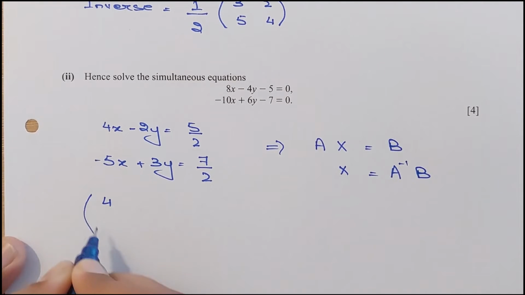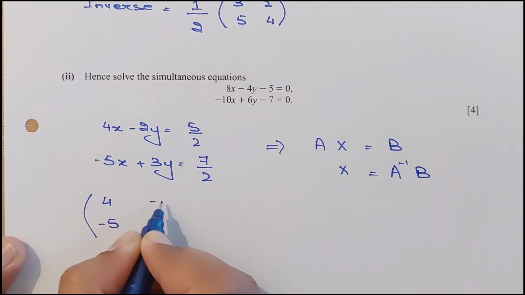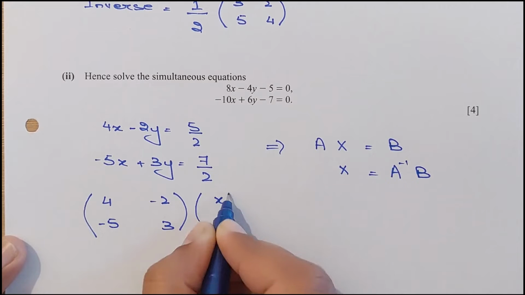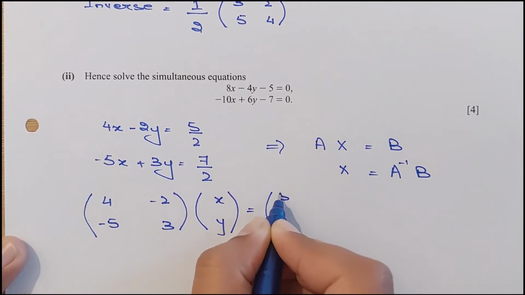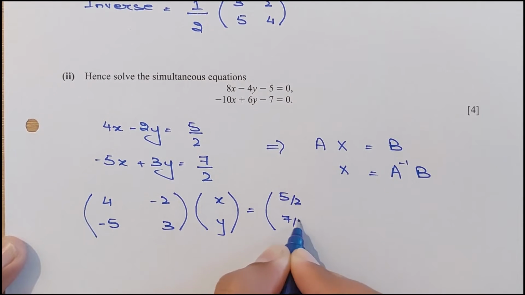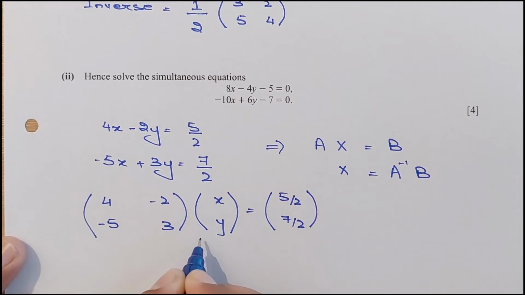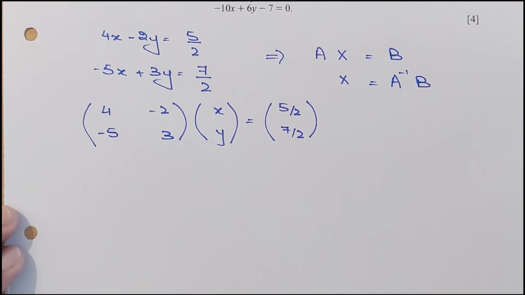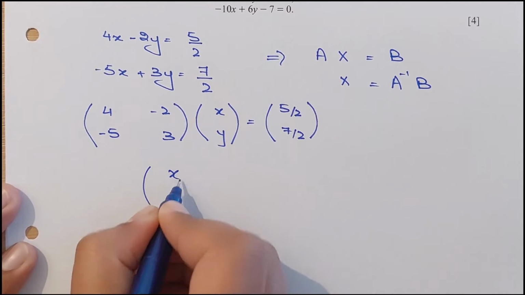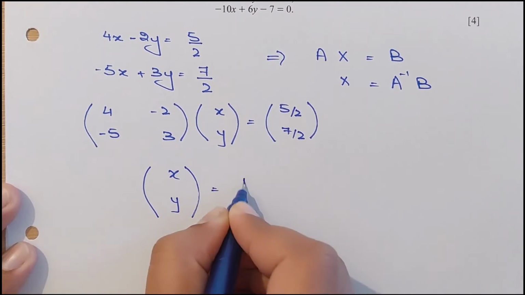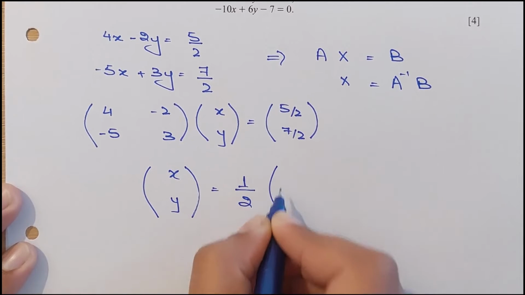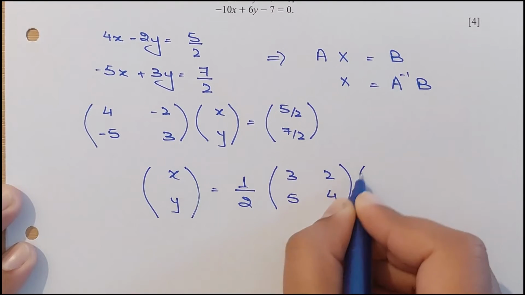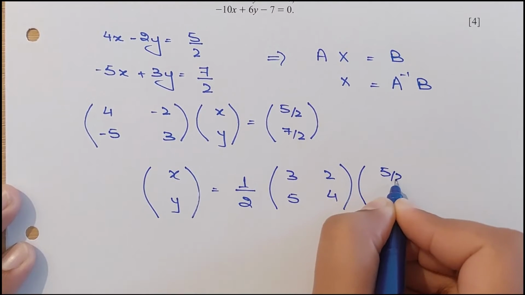A is 4, -5 and -2, 3 times x, y equals B, which is 5 by 2 and 7 by 2. To solve for X, we have to take the inverse of this times B, and we have the inverse of this matrix. So for x, y, the inverse of the matrix is 1 by 2 times 3, 5, 2, 4, and its product with the matrix 5 by 2 and 7 by 2.